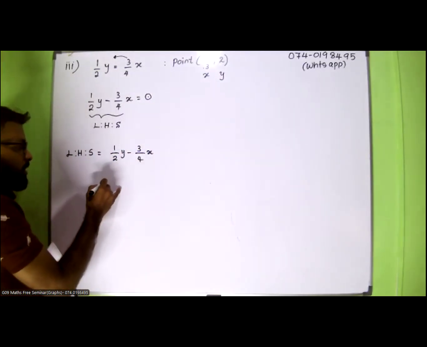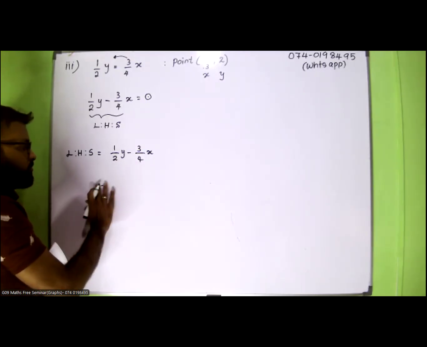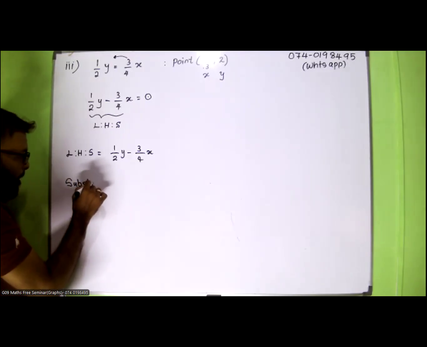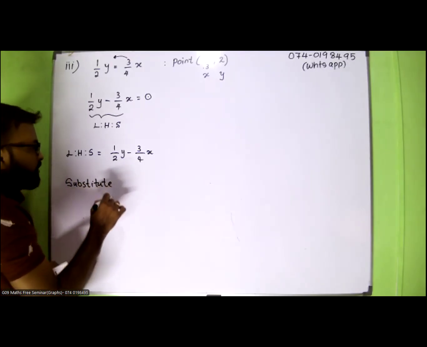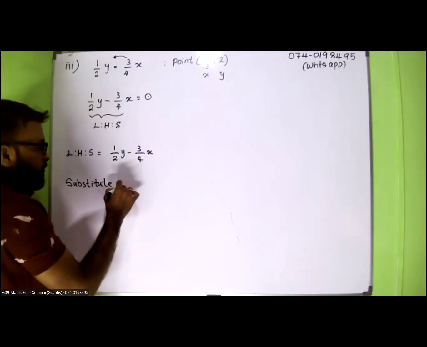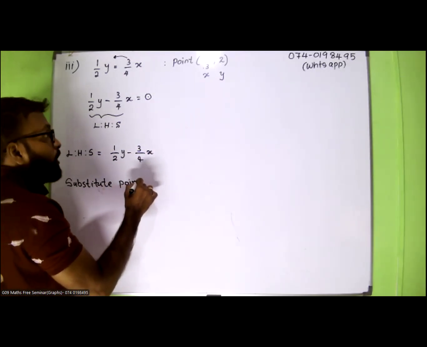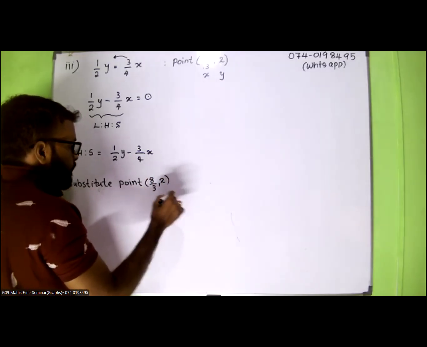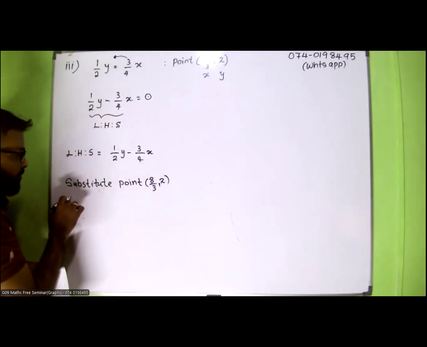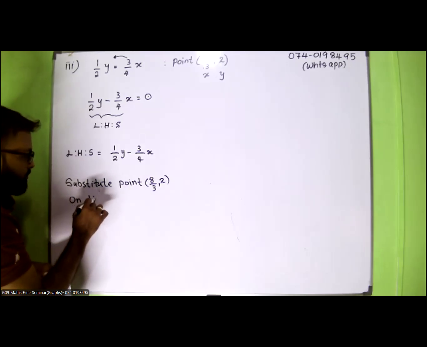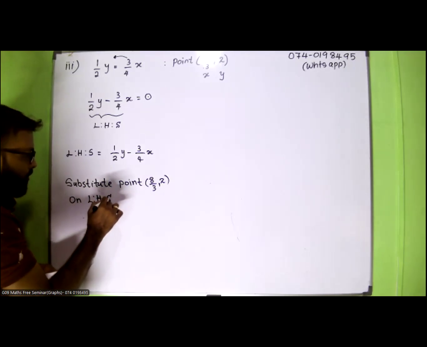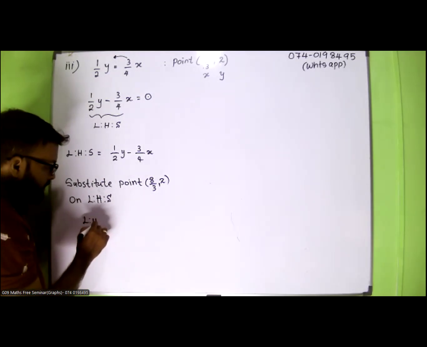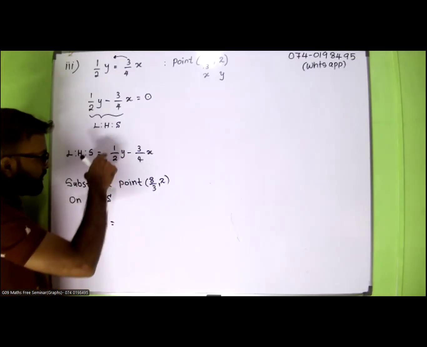First of all, I will write: substitute point 8 upon 3 comma 2 on LHS. Now I can write LHS equals half.